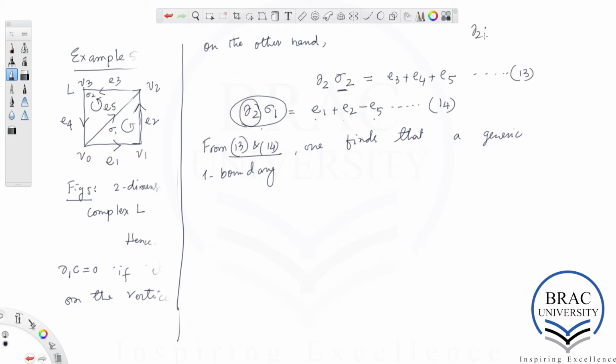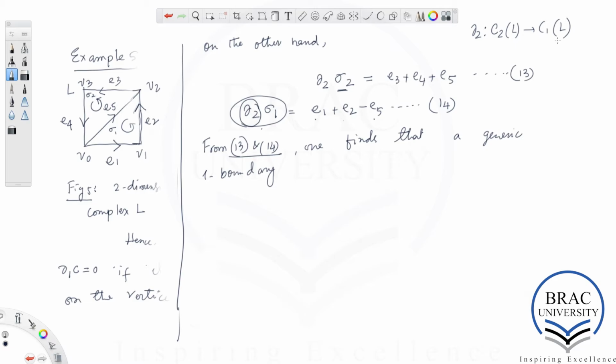Del 2 is a map from C2 of L to C1 of L. Okay, the image of this boundary operator is a subgroup of C1 of L, right? Which is called a one boundary, or the group of one boundaries.